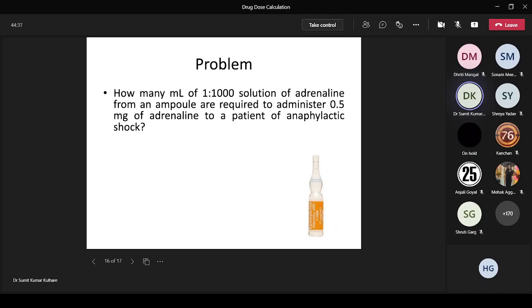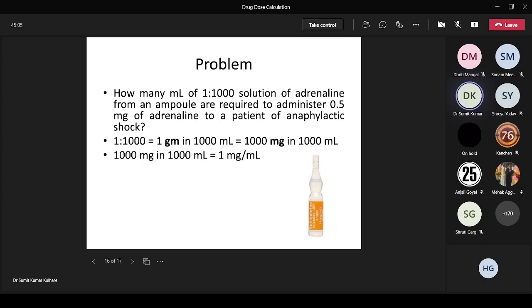Here's the question. Since you know that in 1:1000 the numerator stands for grams, while the value in the denominator is in milliliters, 1:1000 means 1 gram is present in 1000 ml. Gram is converted into milligrams, so 1000 milligram is present in 1000 ml.